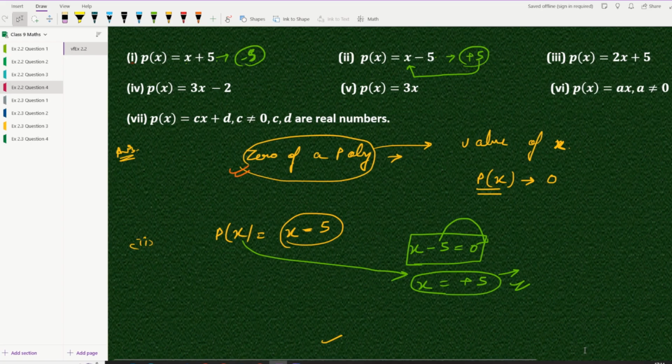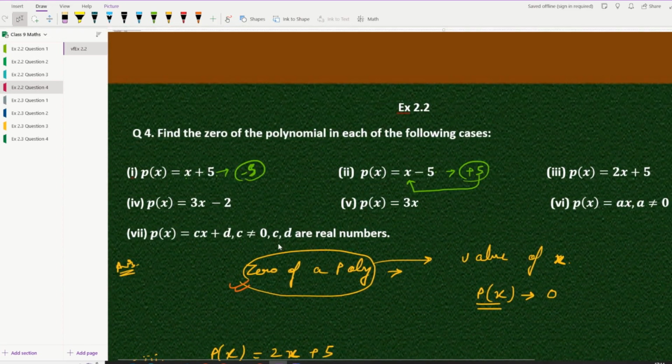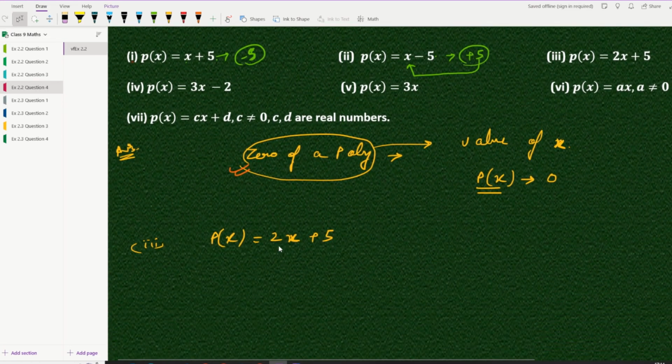Now let us move to the third part. This question is also very simple, not a difficult one. Let us see what the third part is saying. It is p(x) = 2x + 5.